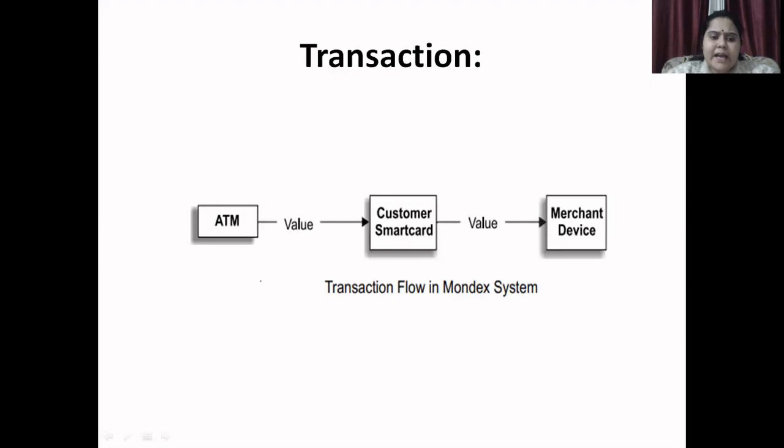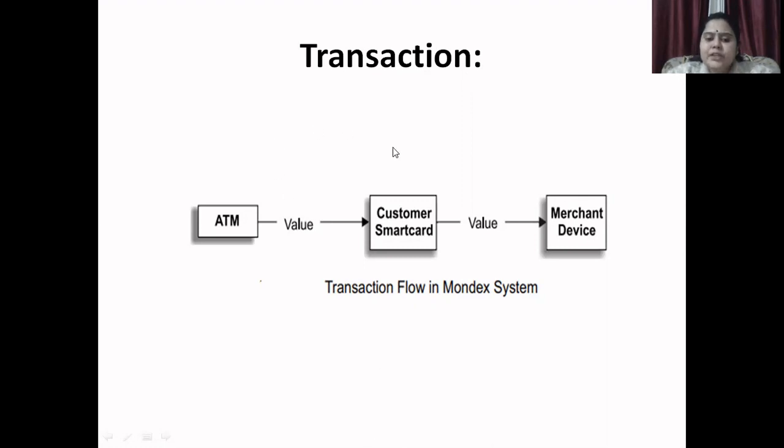Now let's see the transactions. The sequence of steps in a particular transaction is as follows. The customer loads value onto the card either from an ATM machine or from a phone.